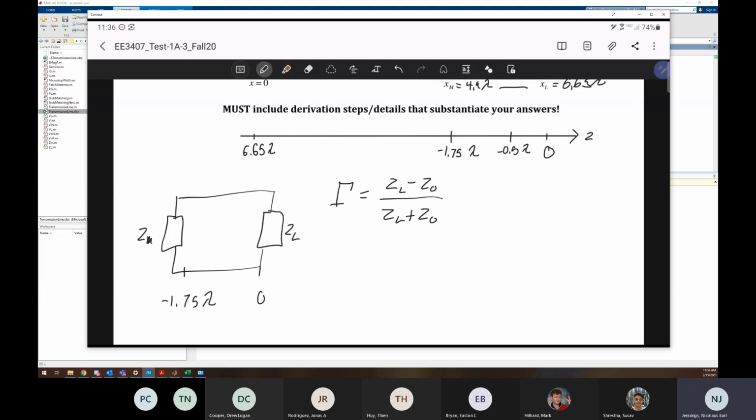Okay. I got 1/3 j. I don't know if that's right.